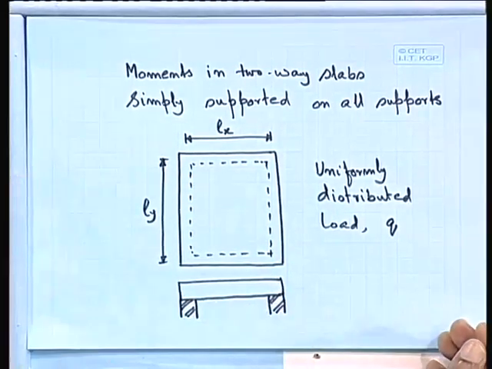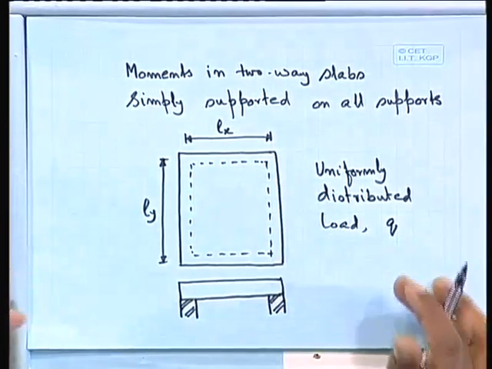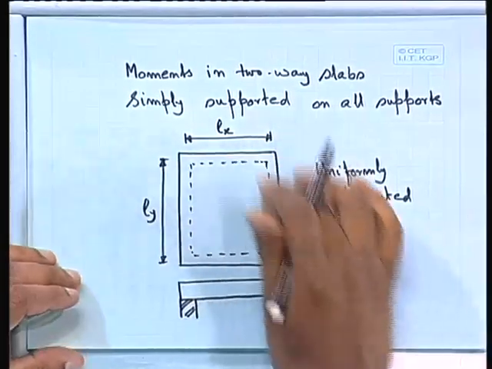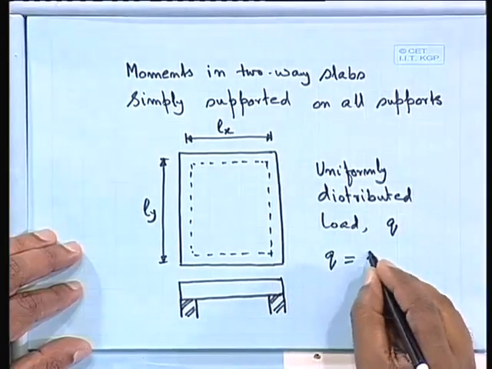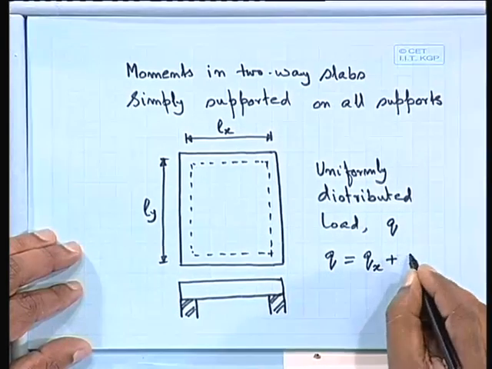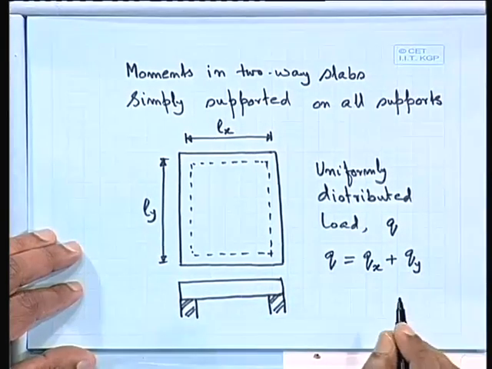So, we get Lx and Ly and then the total uniformly distributed load Q, which may be say 4 kilonewton per square meter, including the self weight also. So, when we have this we have to find out how much is Qx and how much will be Qy.